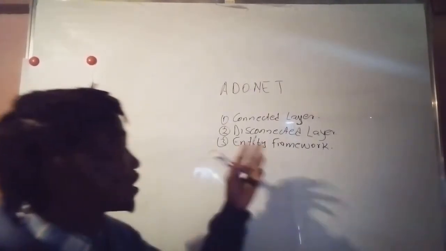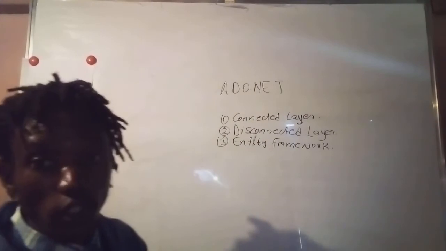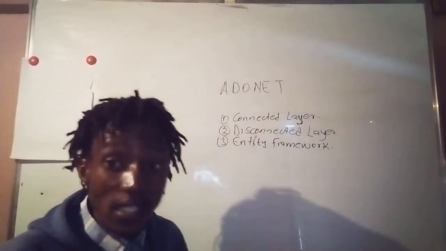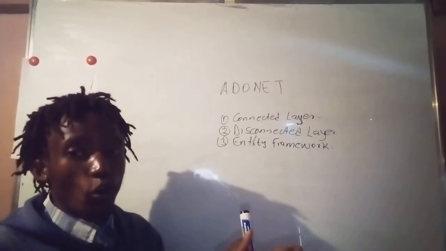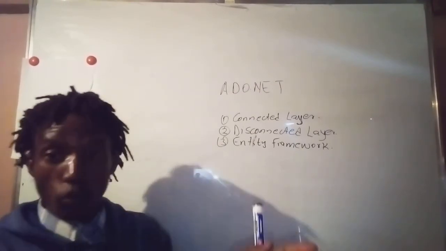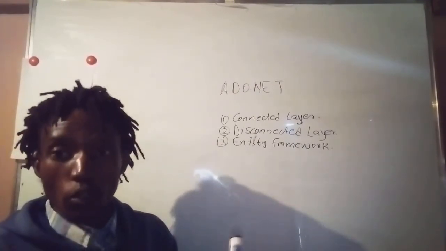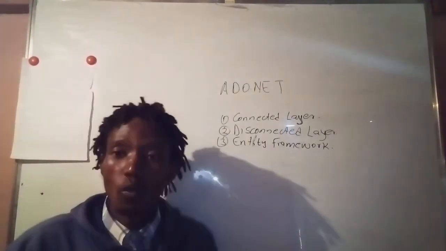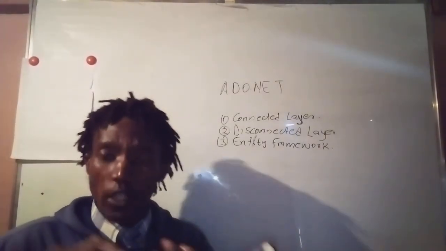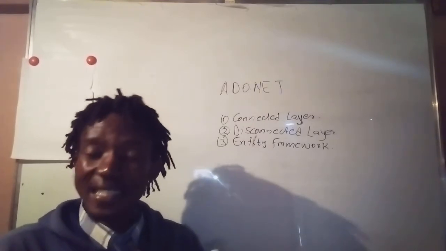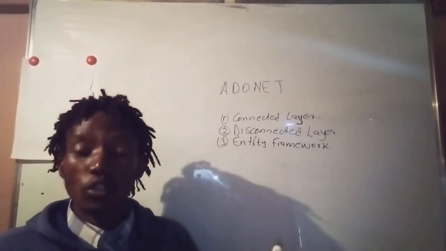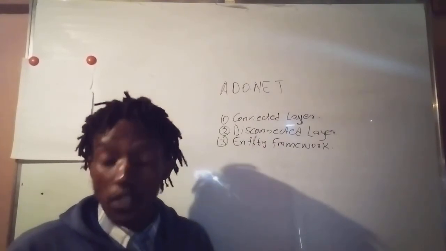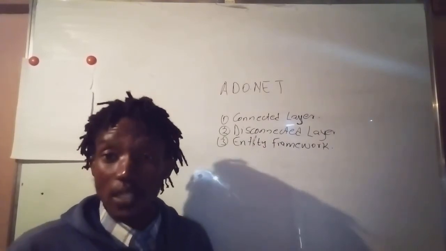So what's the difference between these three layers of communicating with your respective RDBMS? It's basically how you implement your code to communicate with it. For example, with the connected layer, we make use of connection objects, command objects, and data reader objects to communicate with an external database management system.